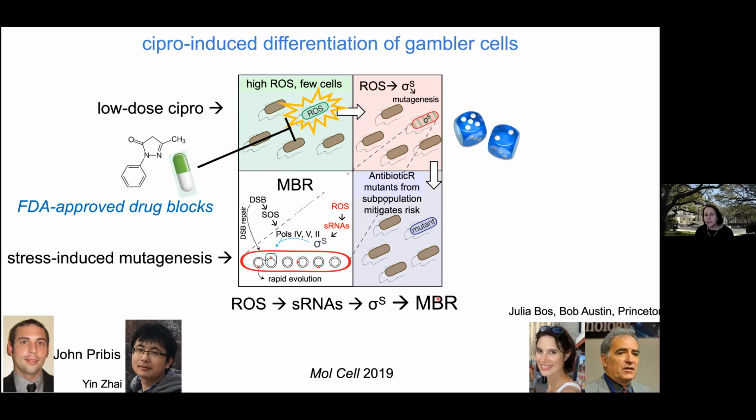Oh, and then the other super excitement about this is it has been our dream for many years that if you could understand the actual molecular mechanisms of how evolution works, you might be able to make drugs to inhibit it.